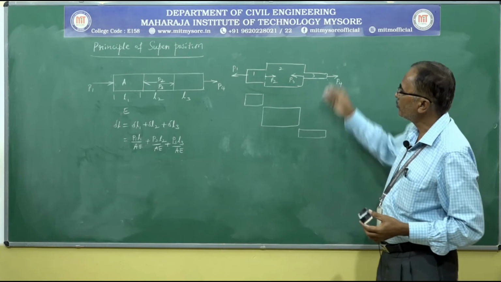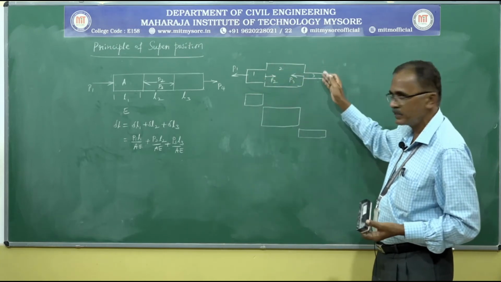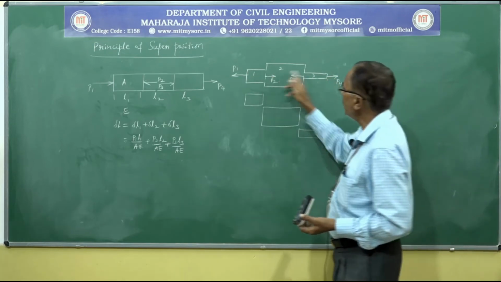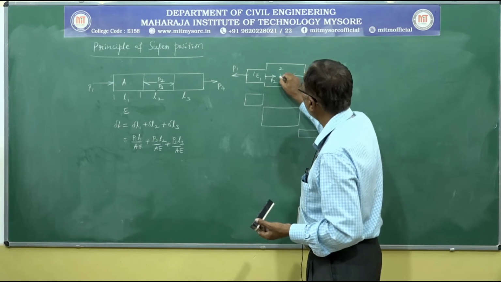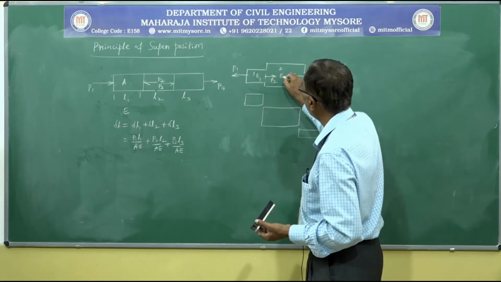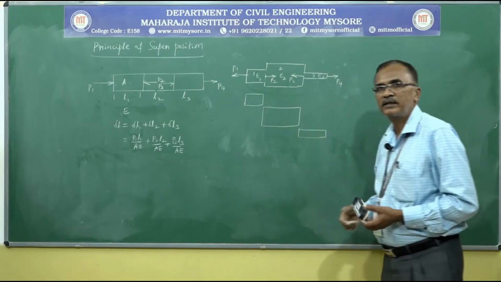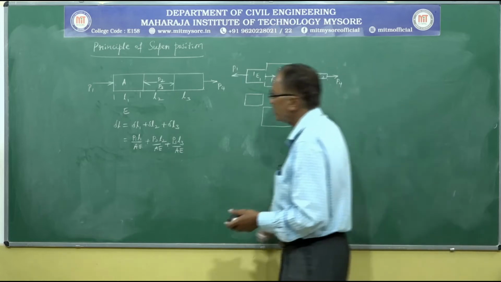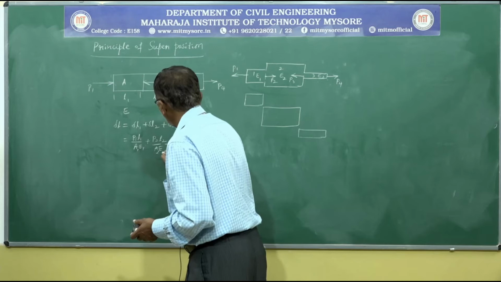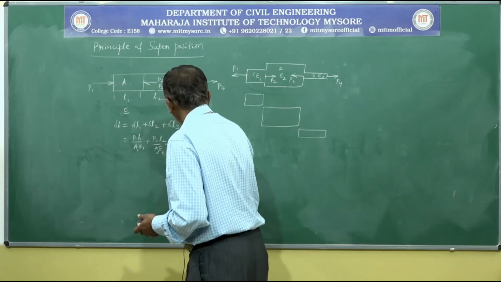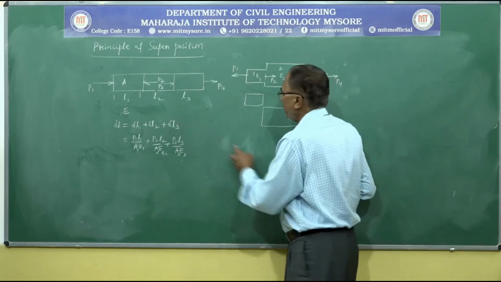Suppose both Young's modulus and cross-sectional area are different, if the bar is made up of different materials, then Young's modulus of the first material is E1, of the second material is E2, and of the third material is E3. So here this becomes A1, E1, A2, E2, and A3, E3. Change in length can be calculated.